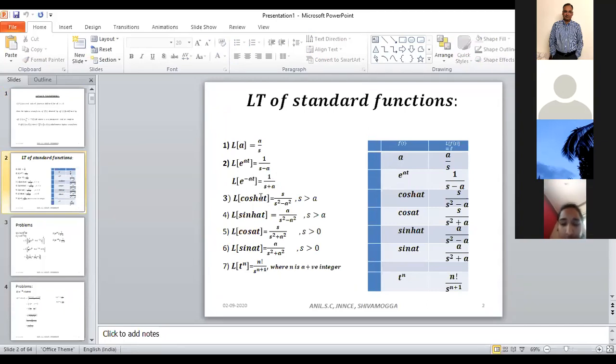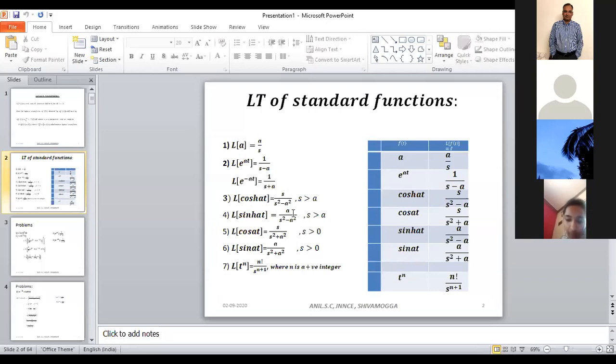Laplace transform of cos hyperbolic at is s divided by s square minus a square. You know what hyperbolic functions are? Cos hyperbolic at is e power at plus e power minus at, divided by 2.